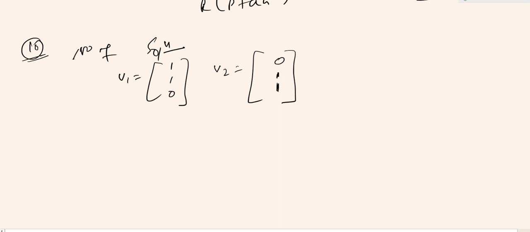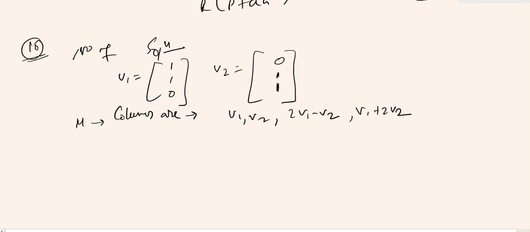Let M be the matrix whose columns are V1, V2, 2V1 minus V2, V1 plus 2V2, in that order.